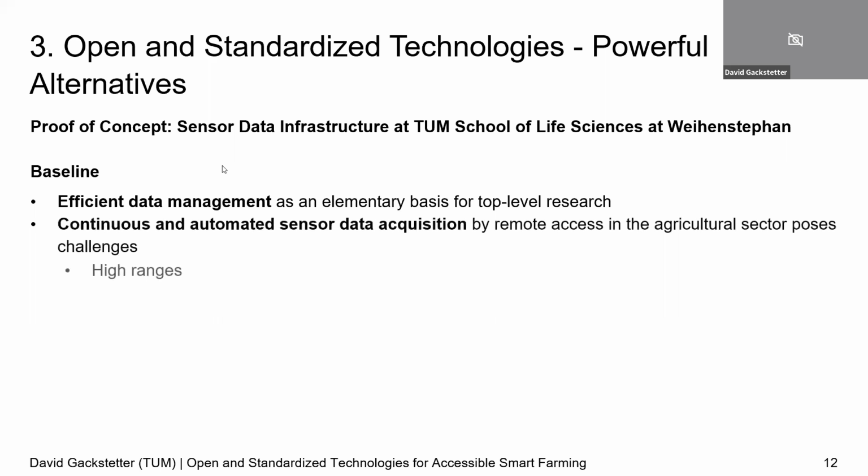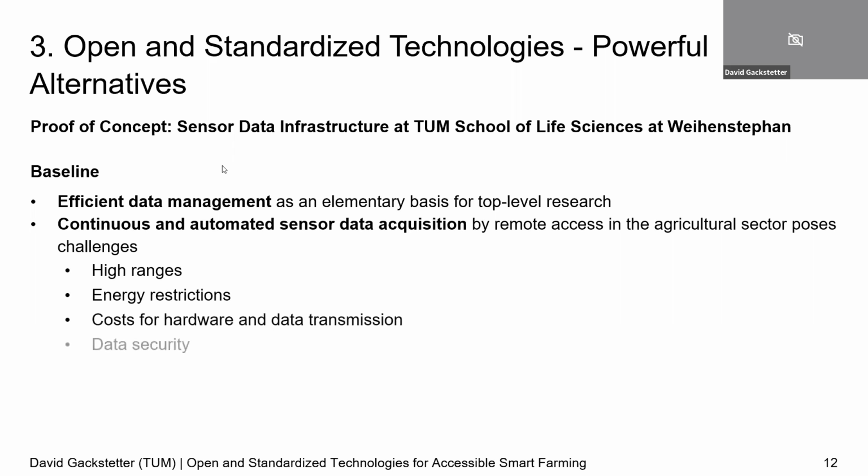But in agriculture, we have certain challenges related to continuous and automated sensor data acquisition. Like we have large ranges, about several kilometers, energy restrictions, there is no electricity outside in the field, maybe costs related to data transmission, depending on whether it's licensed or unlicensed technologies, and also data security.